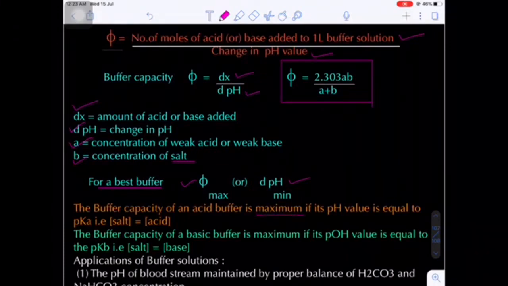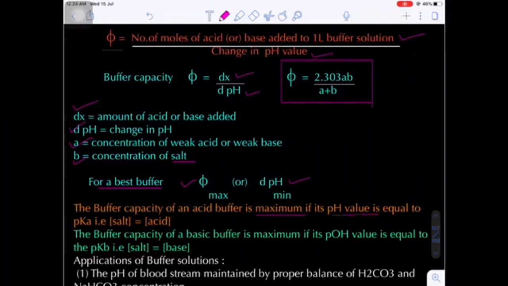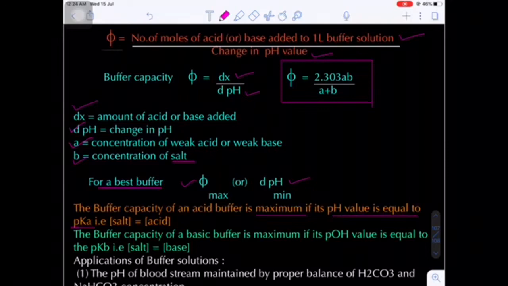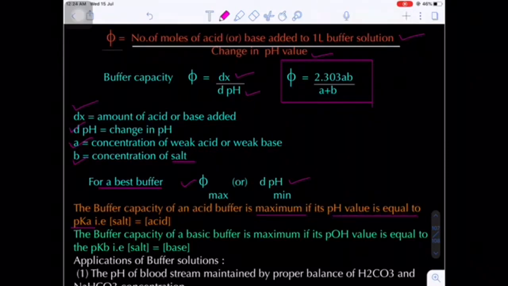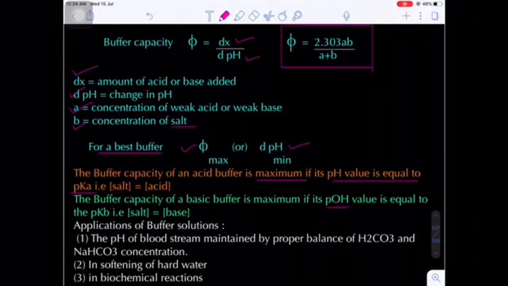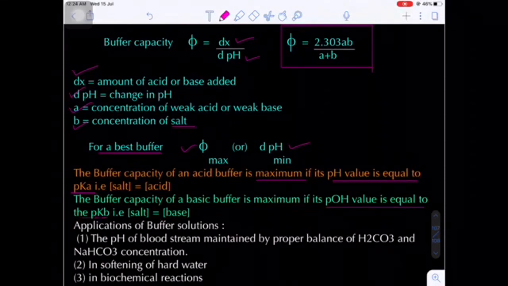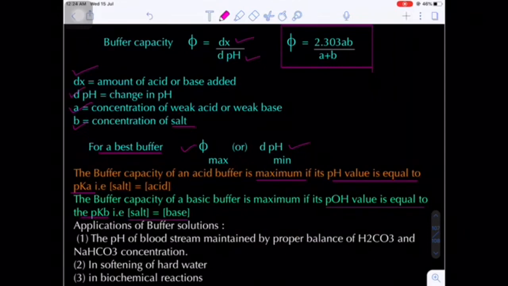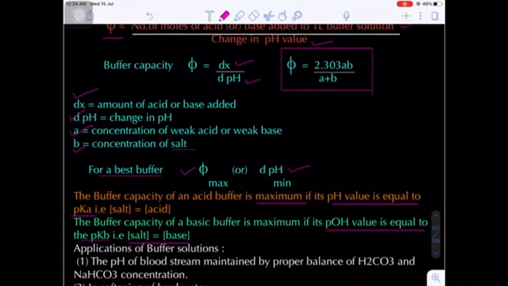Just now I told you, for a good buffer, the buffer capacity should be maximum. In order to maximize the buffer capacity, the pH of an acidic buffer must be equal to pKa. When pH equals pKa, the salt concentration and acid concentration should be in a 1:1 molar ratio. Similarly, in the case of a basic buffer, the pOH value should be equal to pKb.